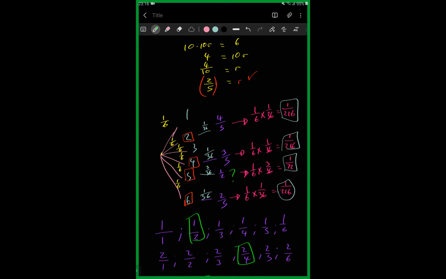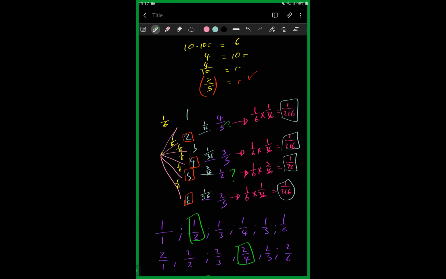Also, when you say die, it's like dice, but plural. But the point is, only 2 as the first number you get, and only 4, 5 and 6 can potentially eventually get us a sum to infinity of 10. But for those numbers to do that, the value of r has to be a specific value.